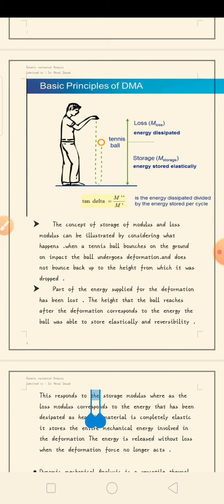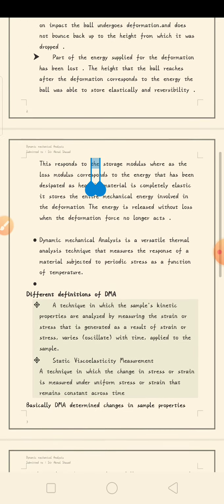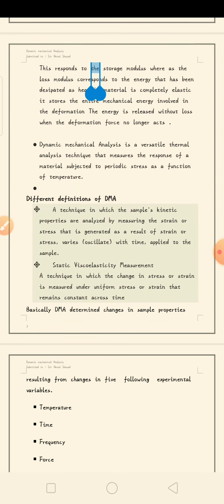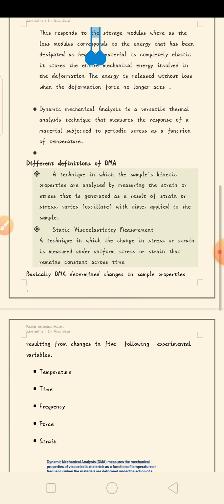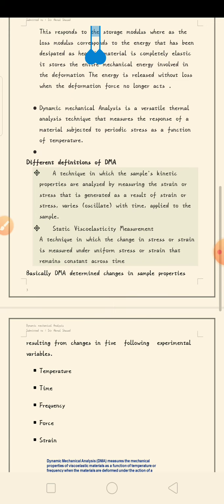In these slides, I will show examples illustrating the concepts of dynamic mechanical analysis. This is a definition of dynamic mechanical analysis: a technique in which the sample's viscoelastic properties are analyzed by measuring the strain or stress generated as a result of an oscillating stress or strain applied to the sample over time.